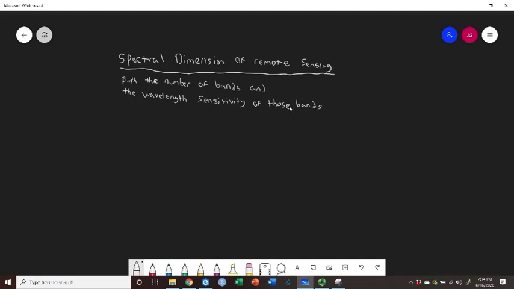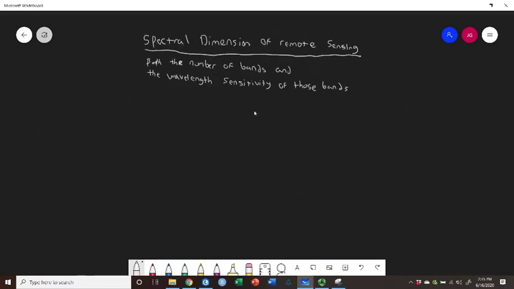And so the way that I approach the idea of the spectral dimension of remote sensing is I like to start with this idea of the number of bands. And again, just to recap, when I say bands, what I mean is the number of bands in that remote sensing data structure, that Z-axis of the image. And so I like to think of this as sort of a continuum or a spectrum, if you will. We have one end over here.